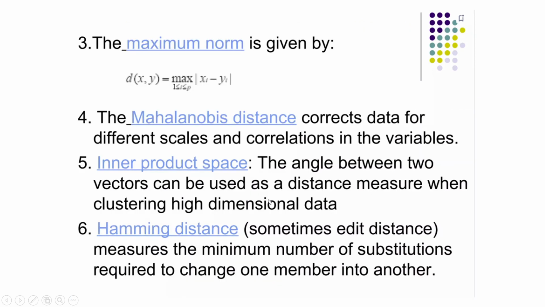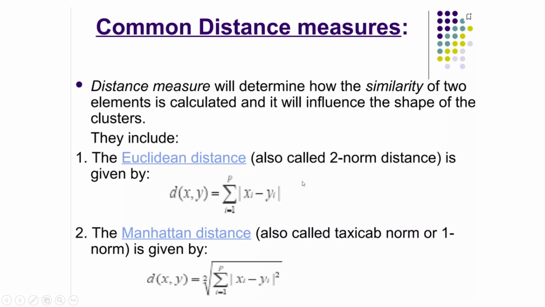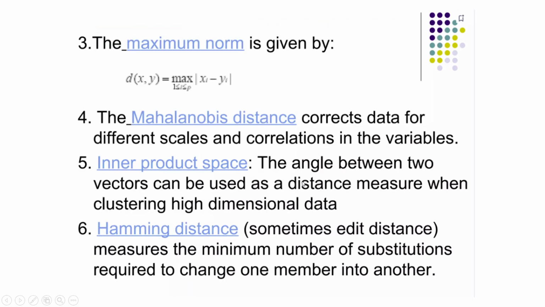We will not discuss Hamming distance, which is sometimes also known as edit distance and measures the minimum number of substitutions required to change one member into another. We most often use Euclidean and Manhattan distances other than these four.